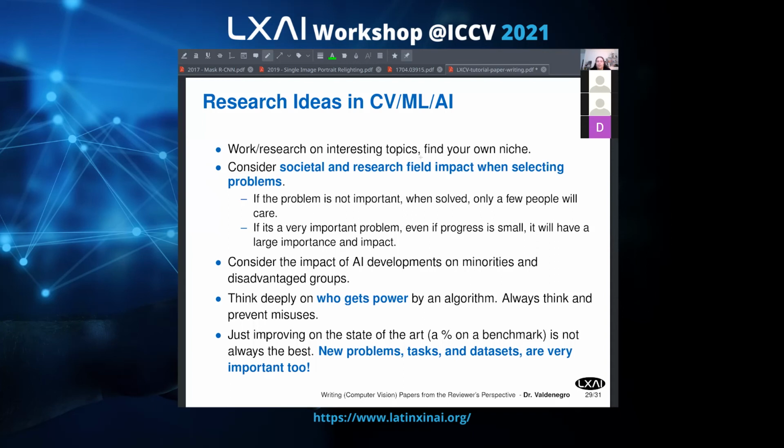Like if you work on a very, very niche problem in computer vision, maybe a problem that has even been solved already, then of course that's not so good. So selection of problems is a very important part of writing papers, because in the end, you select a problem, and you will definitely write papers about it later.